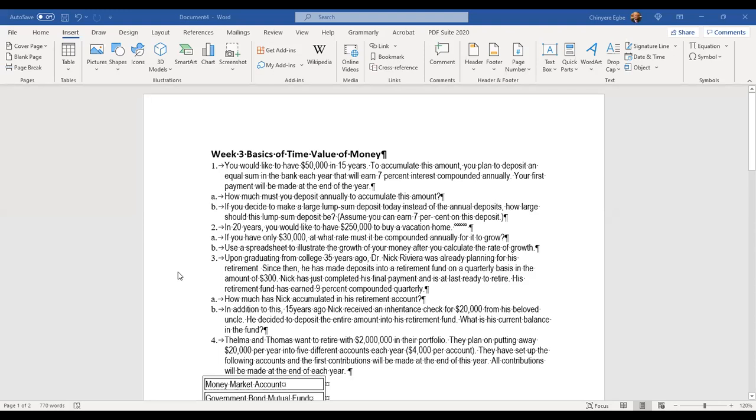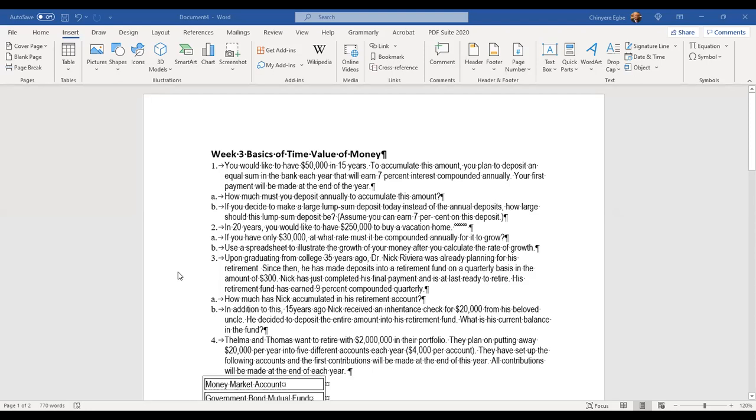Okay, so you see the problem that I have here. You would like to have $50,000 in 15 years. To accumulate this amount, you plan to deposit an equal sum in the bank each year that will earn 7% interest compounded annually. Your first payment will be made at the end of the year.